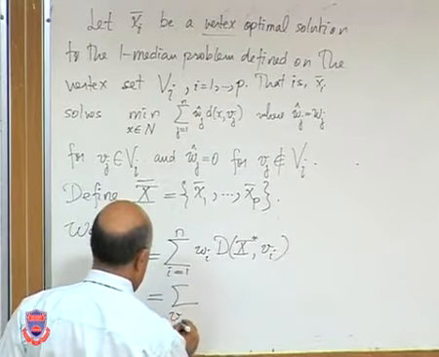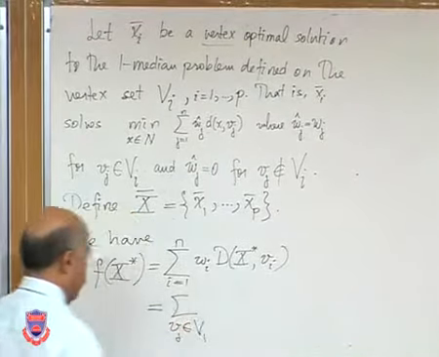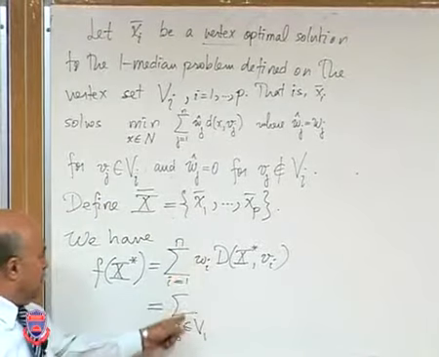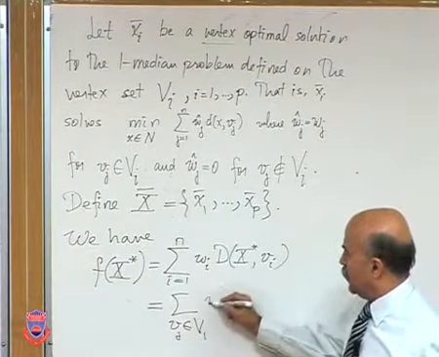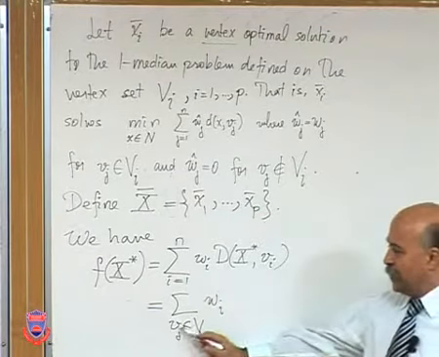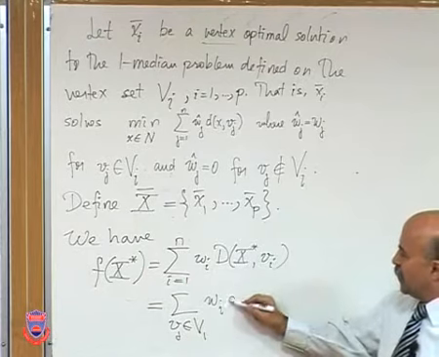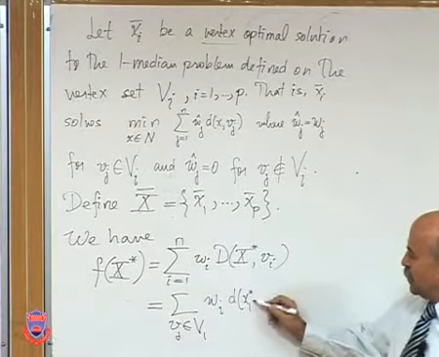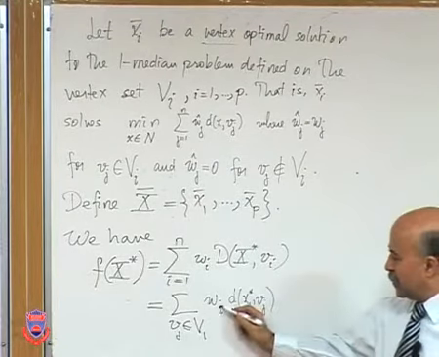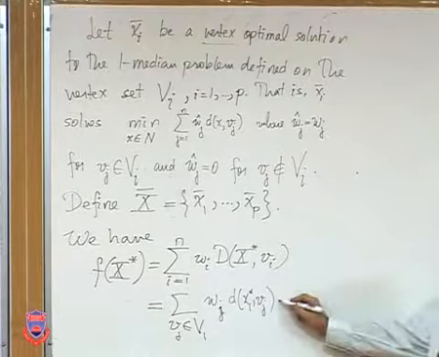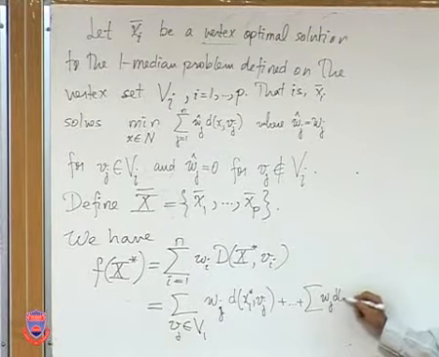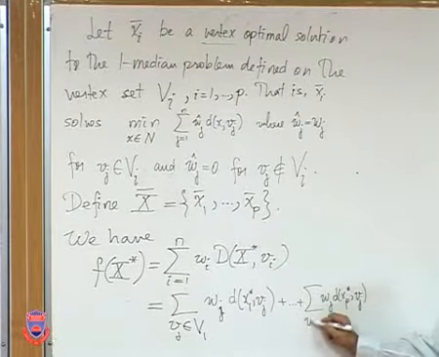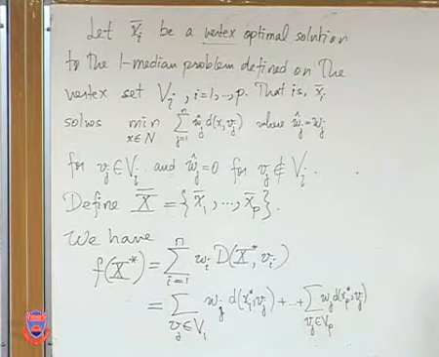If you take the summation and break it down into the partition V1, V2, etc., then the first partition gives the sum of wj times d(x1 star, vj), where j is restricted to capital V1, plus, and the last one will be the summation of wj times d(xp star, vj), where again vj is restricted this time to capital Vp.